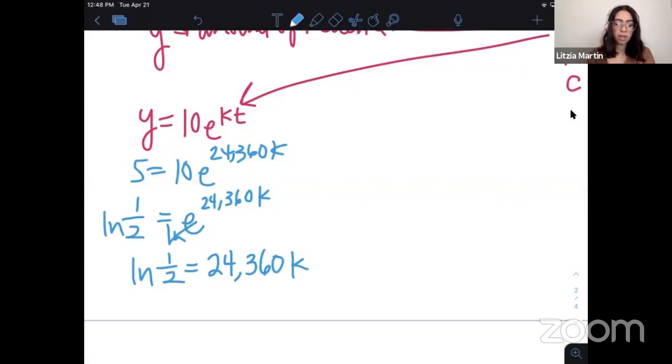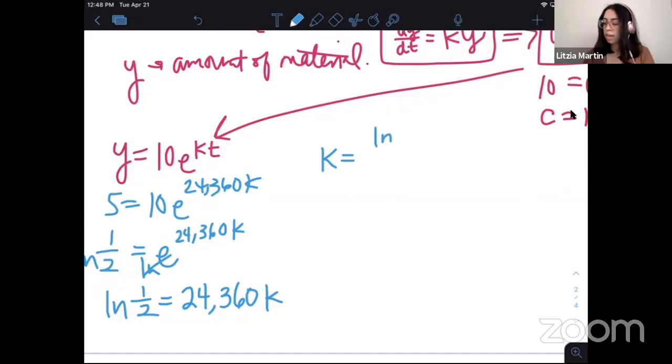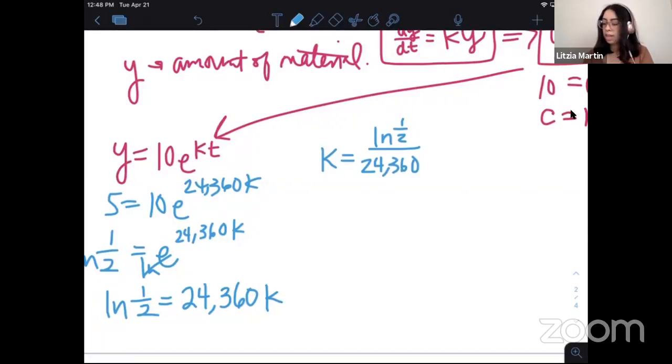And then final step, we divide. So k is equal to ln of 1/2 divided by 24,360. So from here, we have figured out what k is.